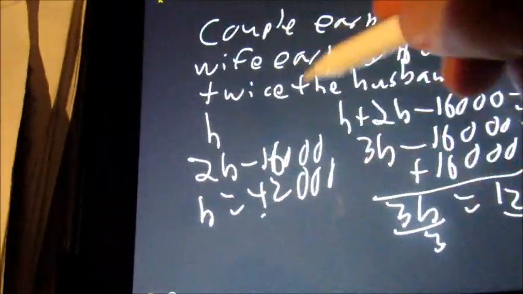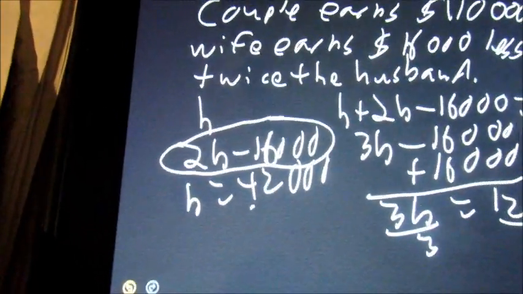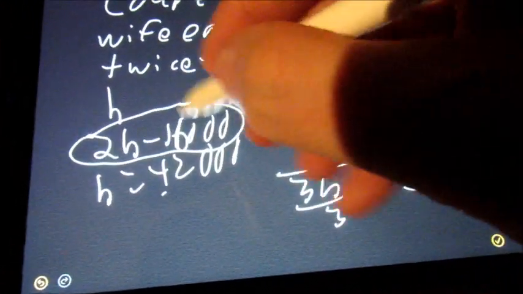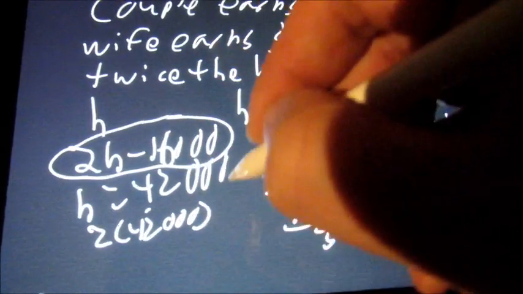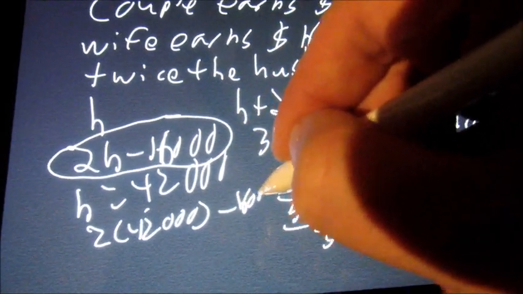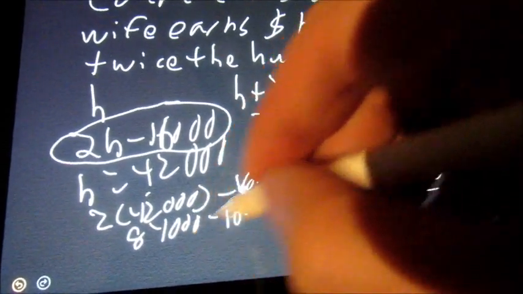So actually no, we need to substitute the H in for the 2H minus 16,000. So 2 times 42,000 minus 16,000. So 84,000 minus 16,000.